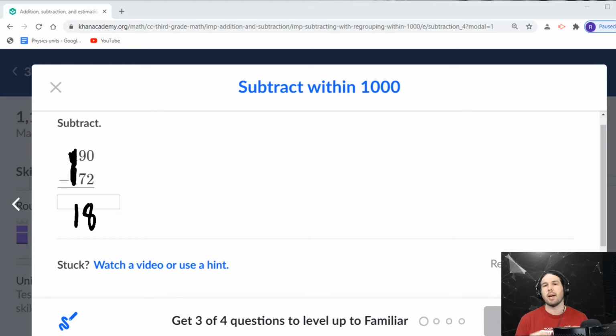I know it because I know that I could just carry the 1. I know it because I know that they are both multiples of 9. And I know that there are 2 9s in between 72 and 90. If you're counting by 9s, it goes 72, 81, 90. There are lots of different ways that you could get to this, but my answer, one way or the other, is 18.